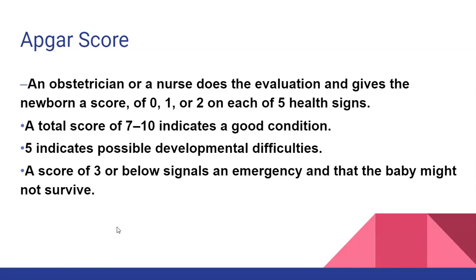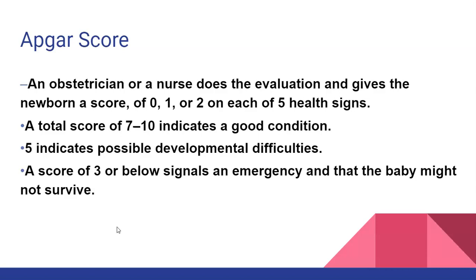If the APGAR score is a 5, that means that there could be some possible developmental difficulties, and it also means that the nurses and doctors have to do another set of evaluations to understand what is really going on with the child.